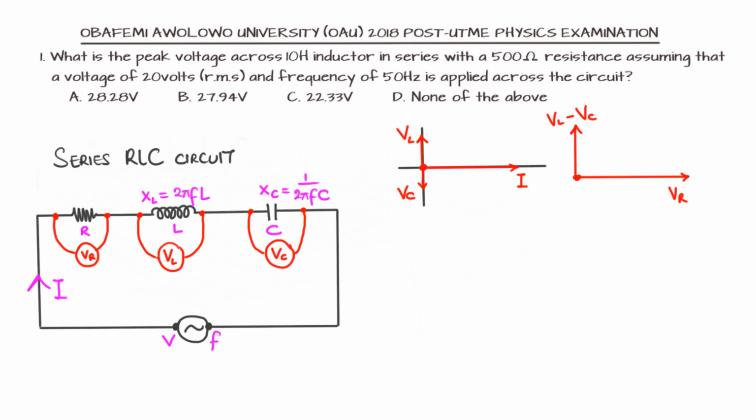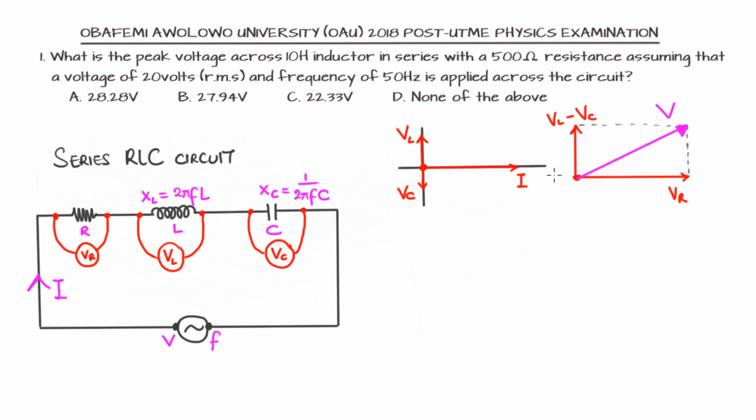We can see that this is giving us a Pythagorean triangle already. So if we want to find the resolution of these voltages, it's just for us to complete our diagram, just as if we are working with parallelogram law of vectors. So the resultant voltage, which is the voltage applied across the circuit, V, can be gotten by the Pythagorean triangle.